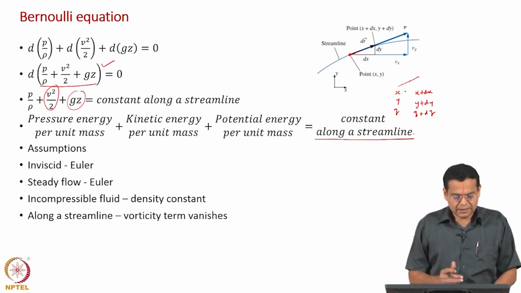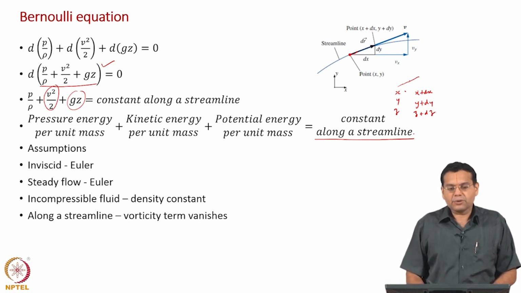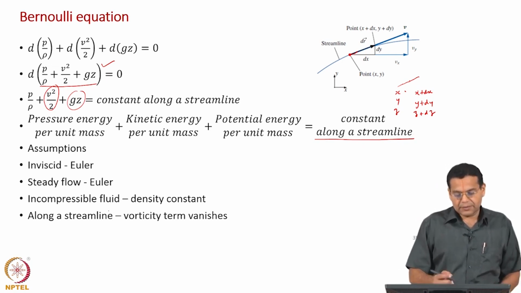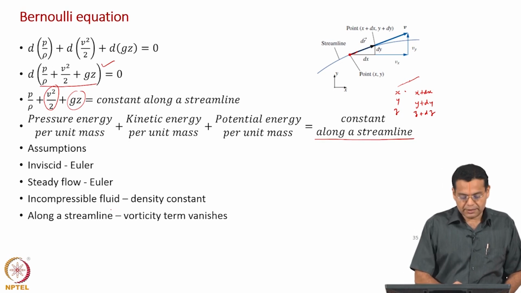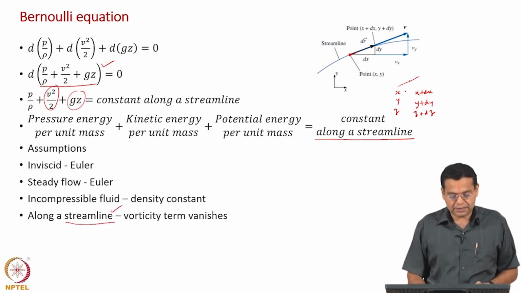And where did along a streamline come from? Remember, we wanted to make the right hand side 0, where we had a vorticity term, the rotation term. To make that 0, we had to consider this balance along the streamline. That is where this restriction comes from.